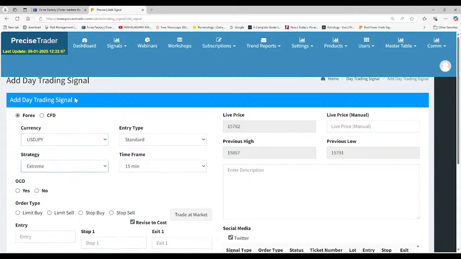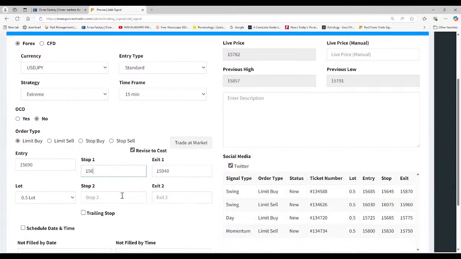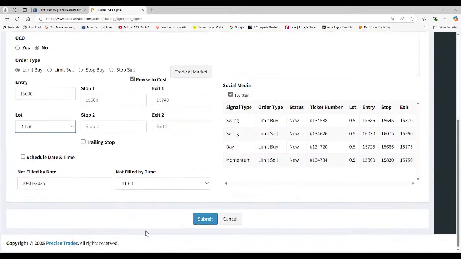We'll try to buy at 156.90, stop at 156.60 and 157.40. This is a full lot, and for this one the expiry we can give until the next time belt, that means one more time belt, which is 24. So this is another trade we can look for in dollar yen.